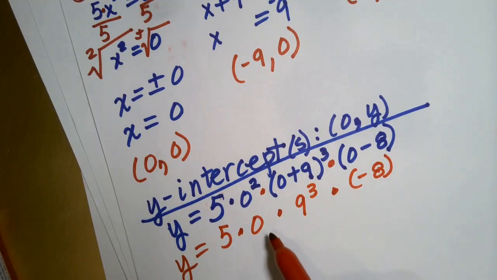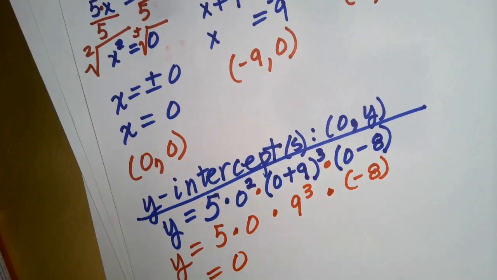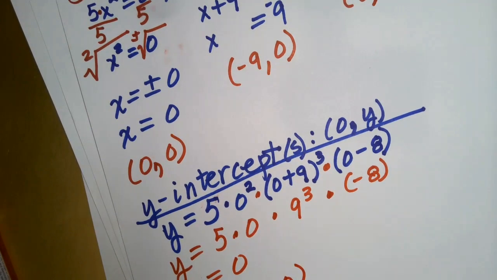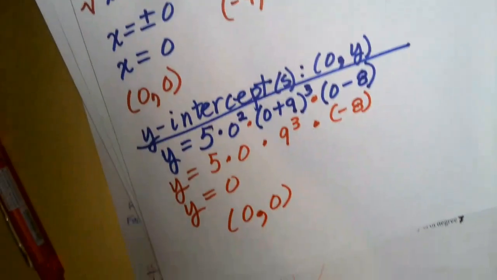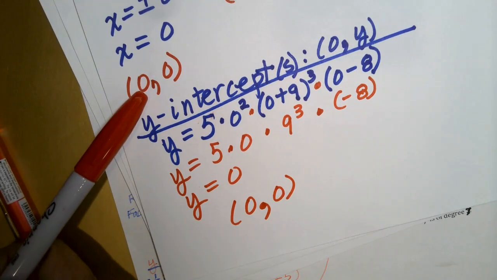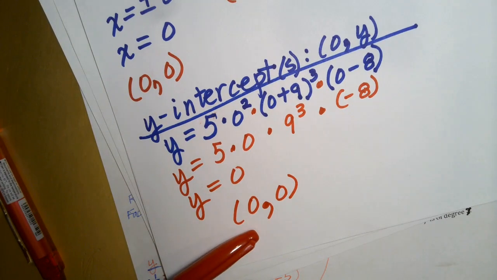All those numbers multiplied by 0, we're going to get y equals 0. So in went x equals 0, and out came 0 for y. Input 0, output 0. So that is the origin. If the x-intercept involves the origin, you're guaranteed to have a y-intercept at the origin as well. That's where the two axes intercept.